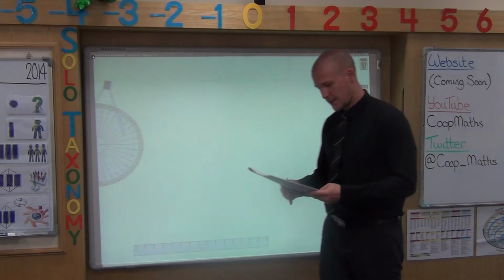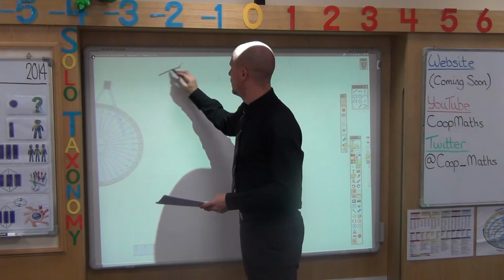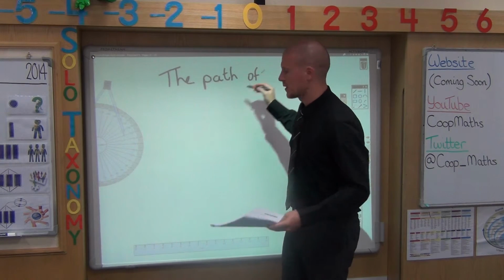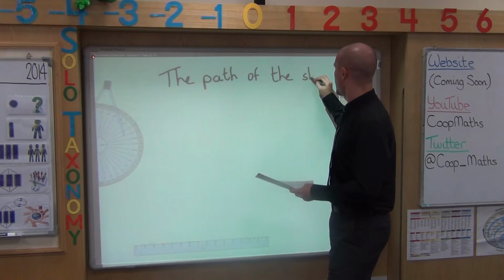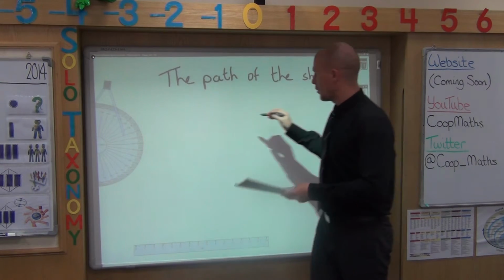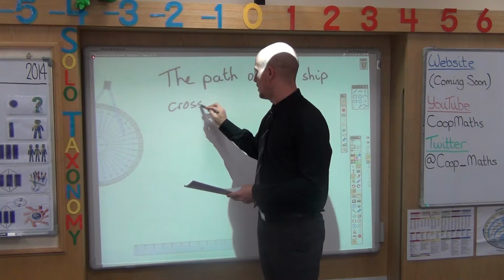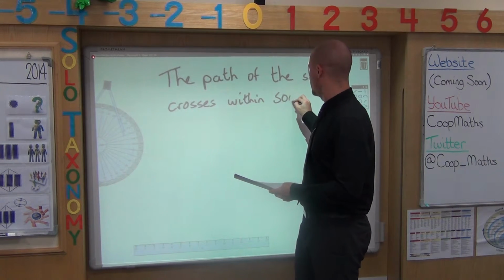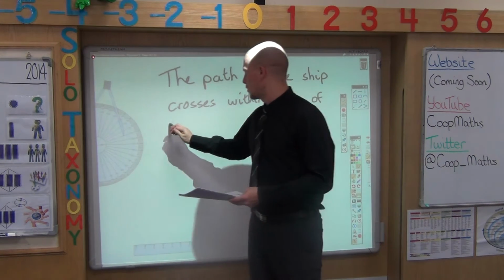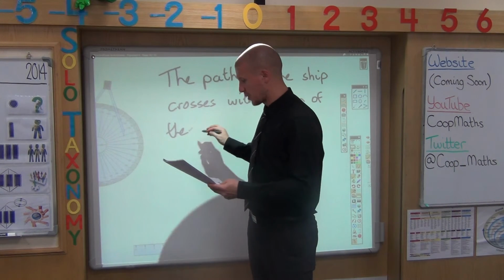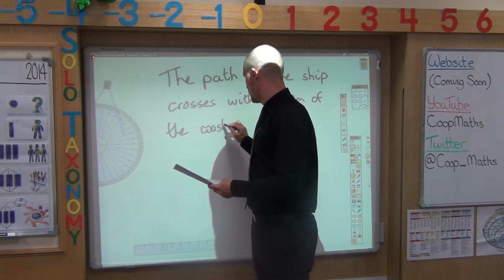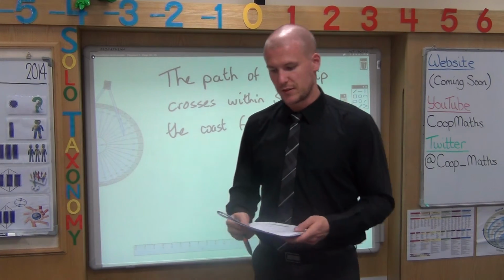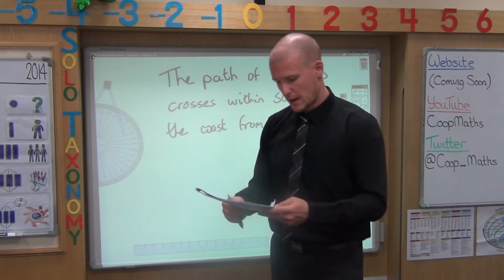So we would write something like this: the path of the ship crosses within 500 metres of the coast, or of C. So that's a statement, basically saying the straight line has crossed the arc.